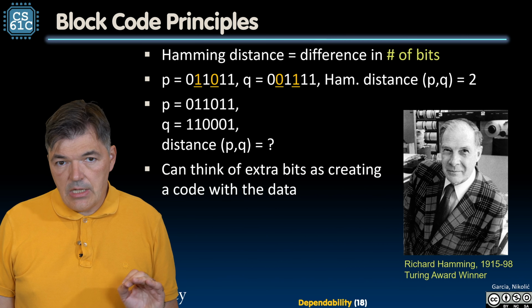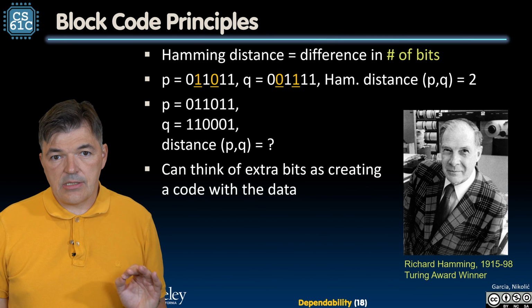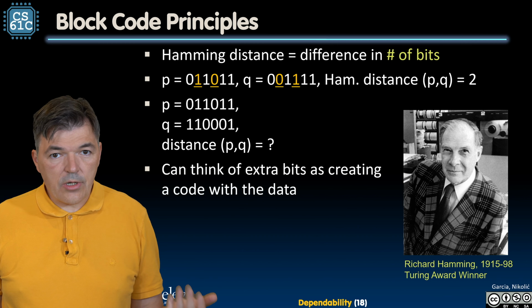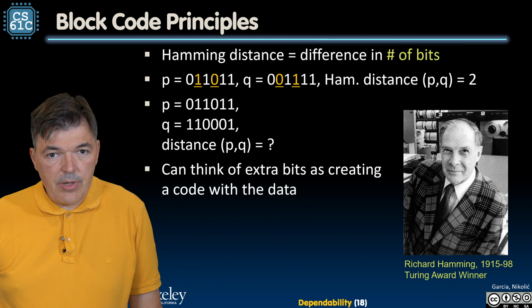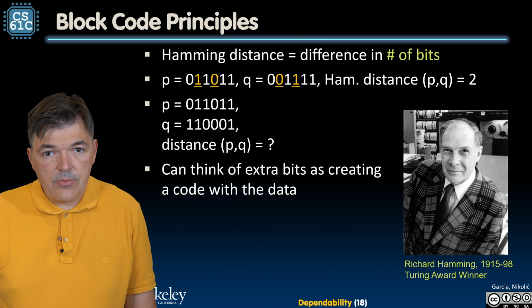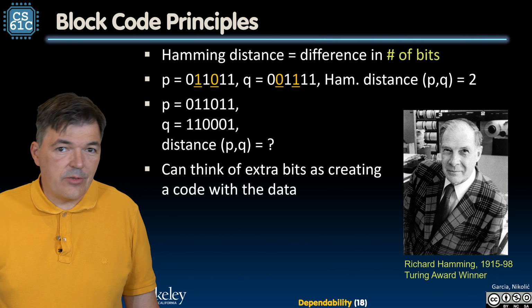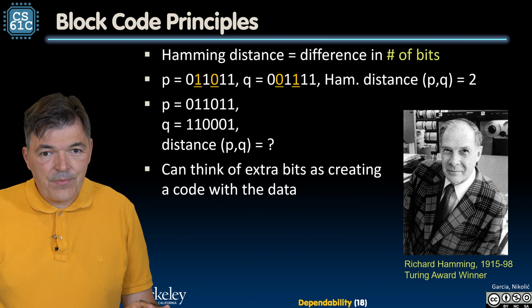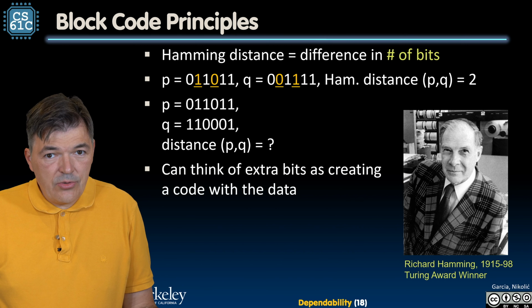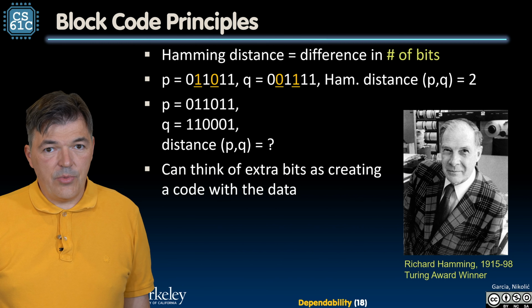So let's see how we can utilize this. When we work with binary numbers, the results of computations are just binary words, and the Hamming distance between them is 1, right? We use a binary representation that doesn't have much or any redundancy, because we want to efficiently use our compute hardware.